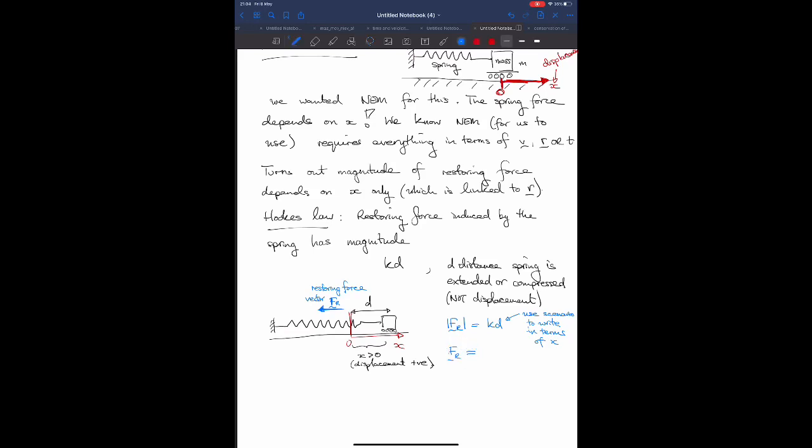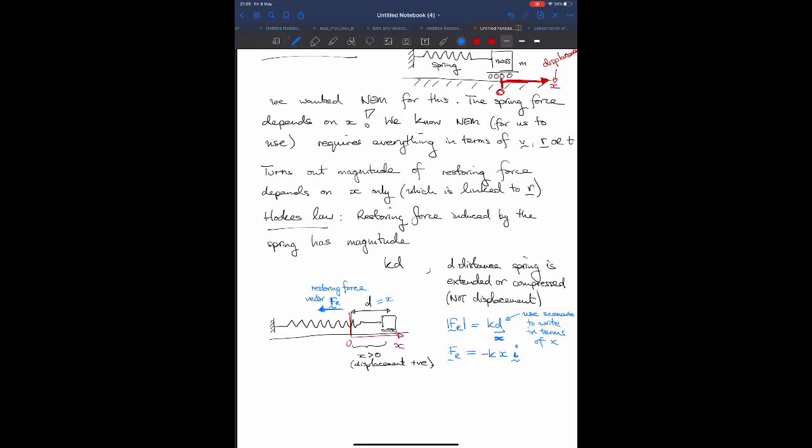I know the vector has the magnitude kd. For this case, x, the displacement, is positive, so x is equal to d. That's our x. The restoring force acts in the opposite direction to positive x. Therefore, if I write the vector, I have to have minus kx, multiplied by, don't forget, the unit vector i.